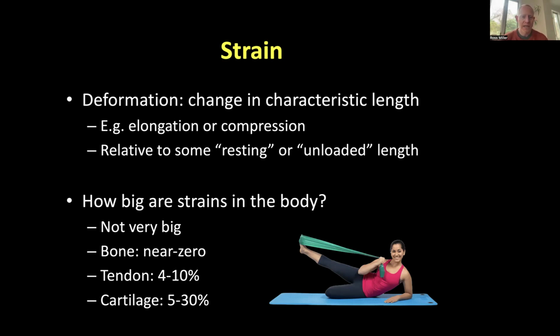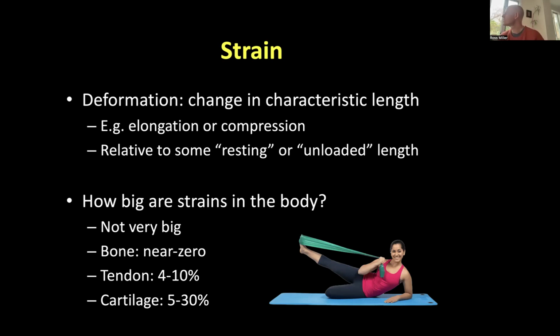It can also be a change in shape in terms of compression, like if I take a material, grab it, squish it and compress it. So both of those things would, broadly speaking, be strain, a change in the resting or unloaded shape of the material. And we typically define strain relative to that reference unloaded shape.